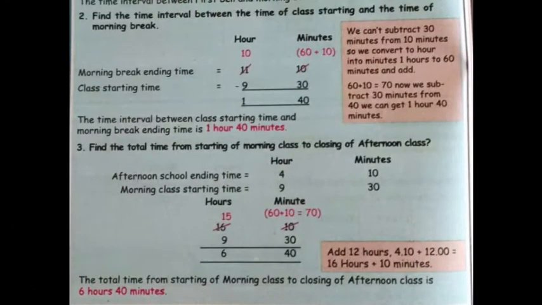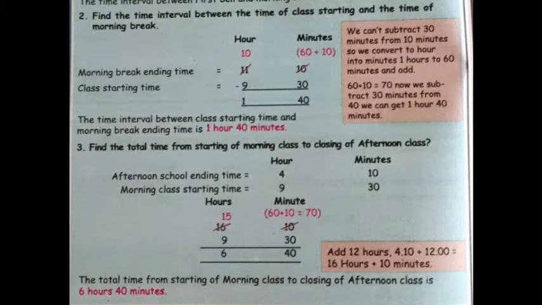Look at question number 3. Find the total time from starting of morning class to closing of afternoon class. So here this is also the same as we did earlier, but here the little bit different thing is that in this we have to add 12 hours.